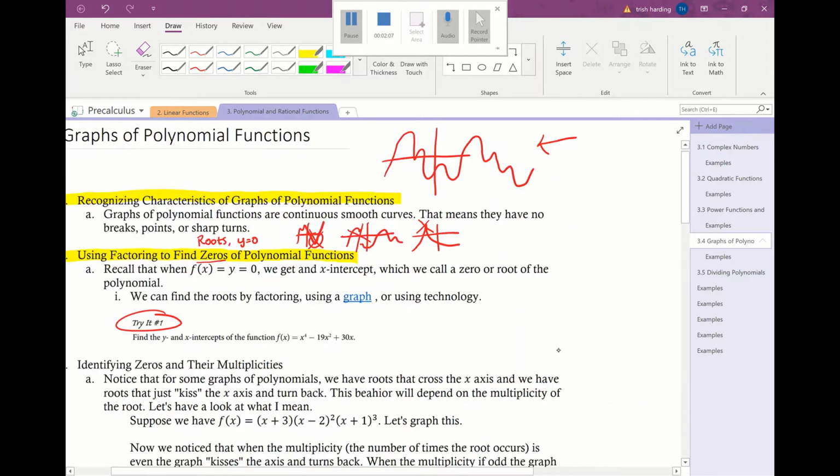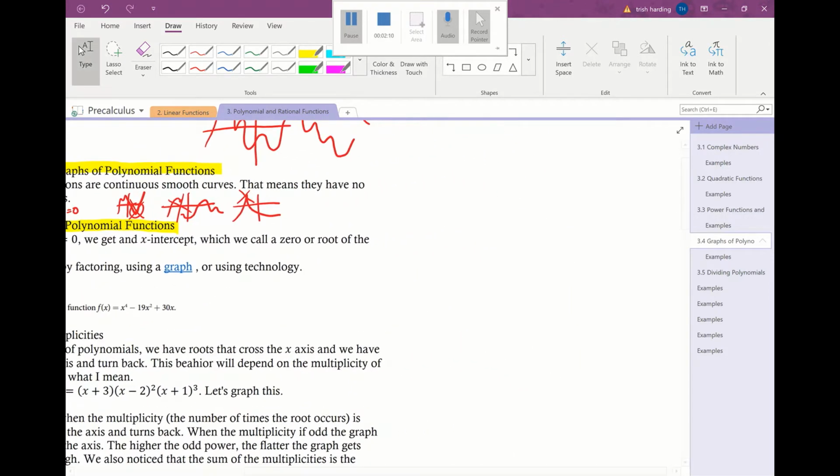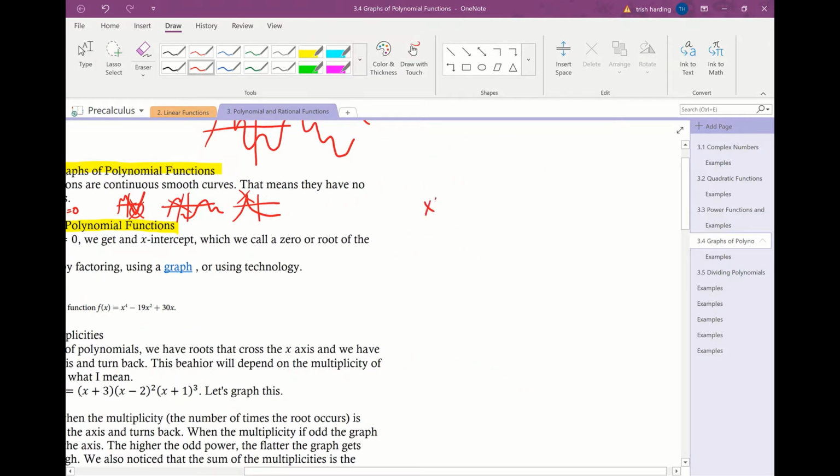So let's see what we can do. Okay, so the first thing I notice is I could take an x out.